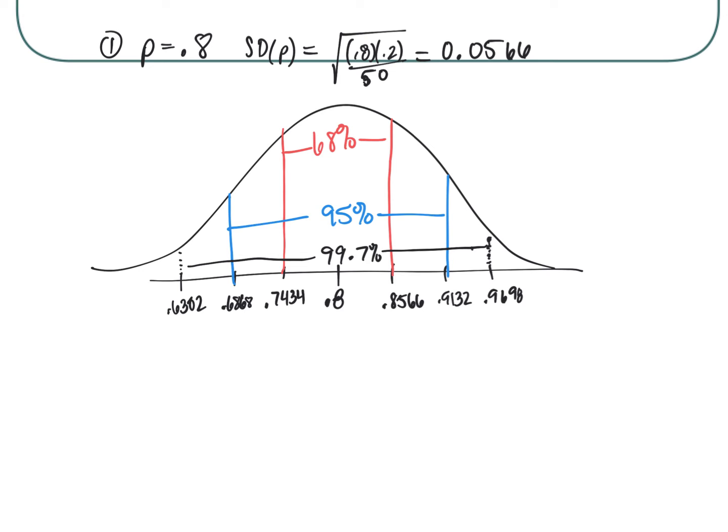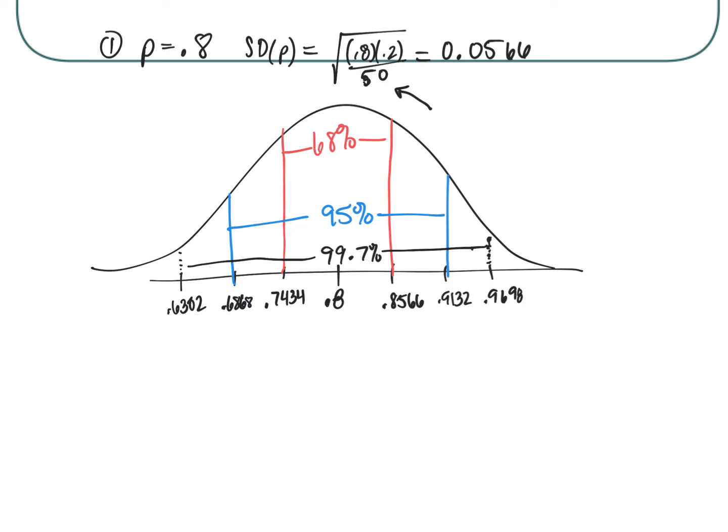Now, what's going to happen to my standard deviation if this was a sample of 100 cars? Should my standard deviation go up or down? If I increase my sample size, meaning this number here, the 50, will my standard deviation increase or decrease? Decrease, right?